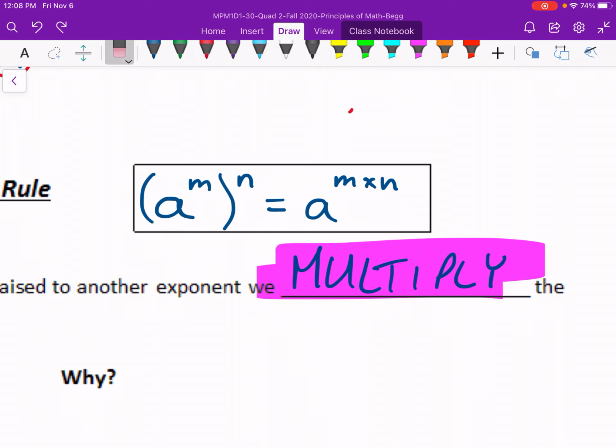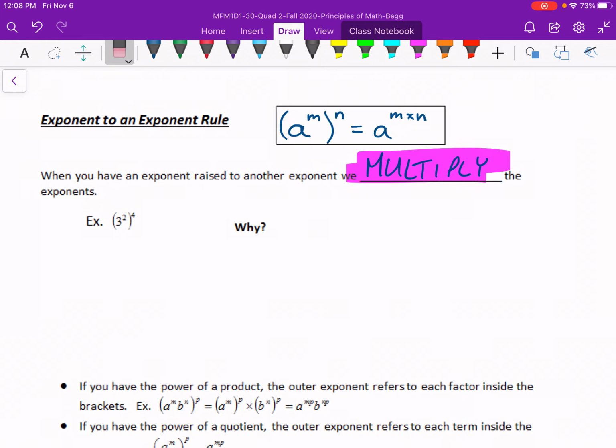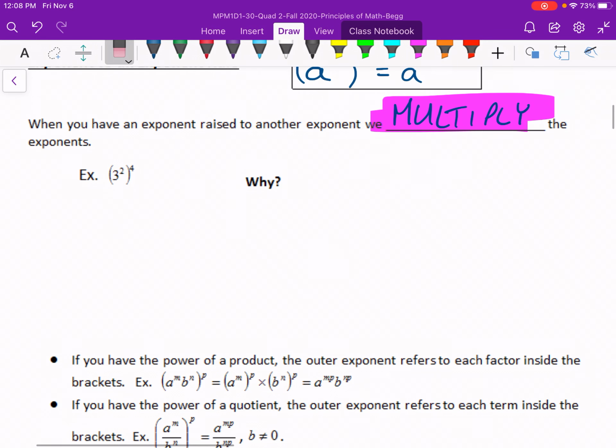So let's be really careful and not mix these up. So, one more time, if we're multiplying powers together, as we did in the last lesson, we add the exponents. But if I raise a power to another exponent, then I multiply the exponents. Confusing? Maybe. But if you work with it, then it quickly sorts itself out, but you do have to practice it.